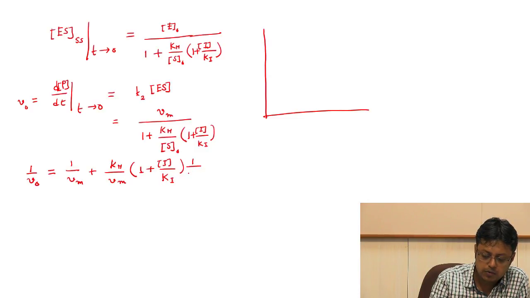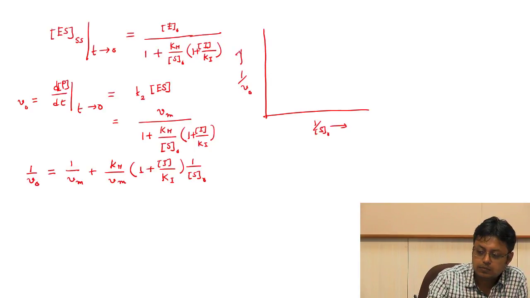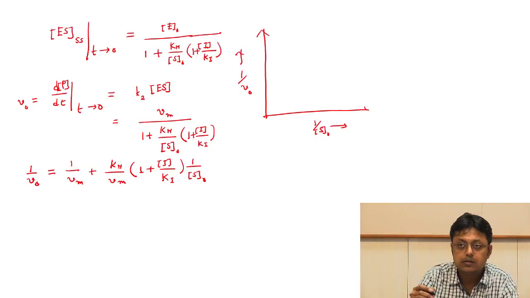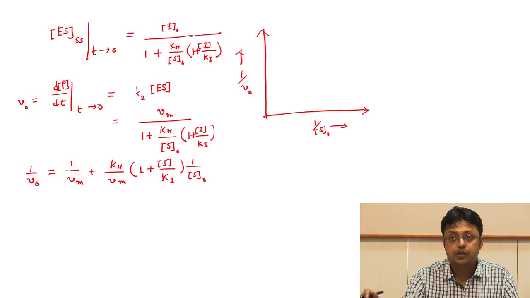I am writing the 1 over S0 slightly differently. And then we are plotting 1 by V0 versus 1 by S0. Let us try to understand the nature of the plot.